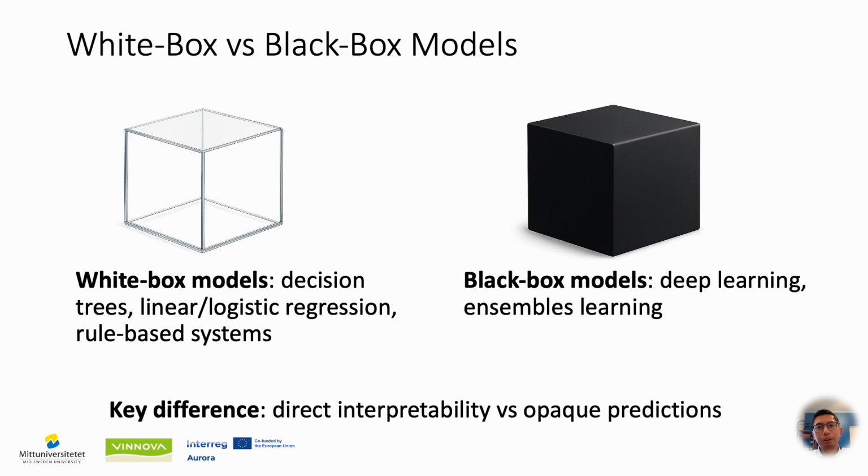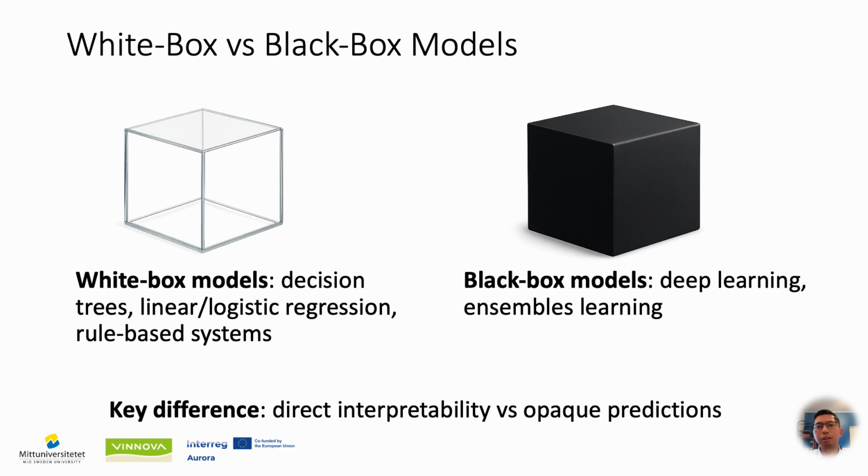On this slide, we see two boxes. On the left, the transparent box represents a white box model. We can see inside. It is open, clear, and gives us a sense of how it works. On the right, the black box represents a black box model. We cannot see what is happening inside, and the decision-making process is hidden. This is the core challenge in AI.